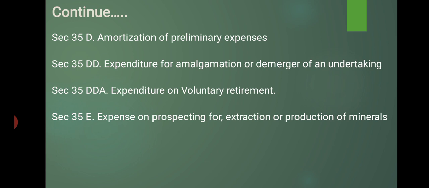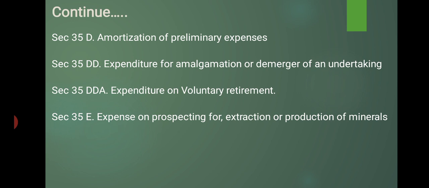The next one is 35DD, expenditure on amalgamation or demerger of an undertaking. When an Indian company incurs any expenditure after 31st March 1999, wholly or exclusively for the purpose of amalgamation or demerger of the undertaking, a deduction of 20% of such expenditure is allowed in 5 equal previous years.